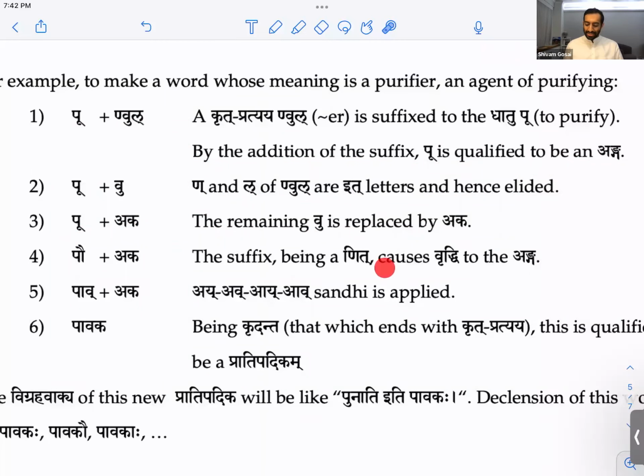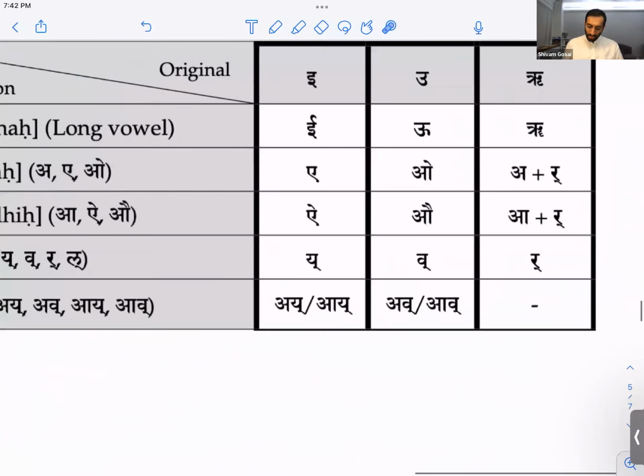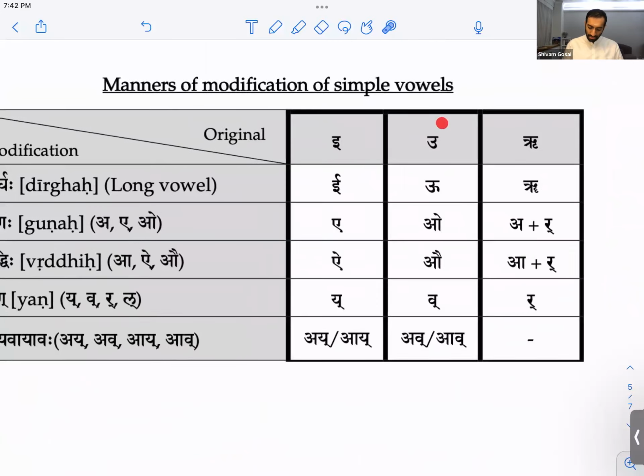Now, this causes vriddhi to the anga, as we saw. Okay? So when I have vriddhi, u becomes o. Guna letters are a, e, o. Vriddhi letters are aa, ai, au.